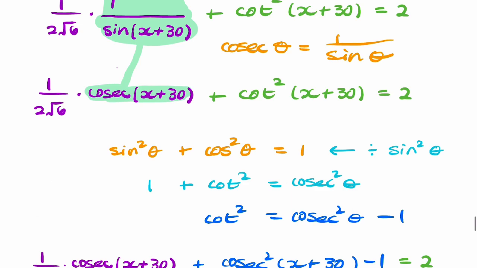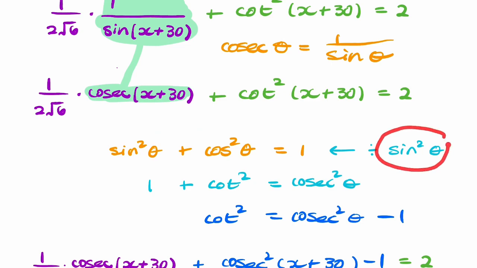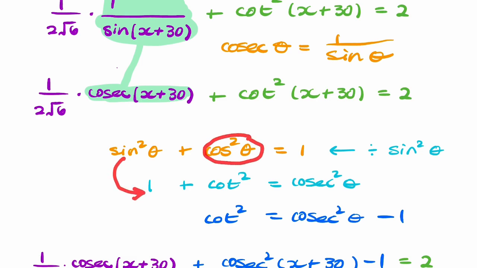And although cosecant is still not cotangent, we're almost there. Because if you start from the identity that says sine squared plus cosine squared equals 1, and you divide everything by sine squared, sine squared over sine squared will give you 1. Cosine squared over sine squared will give you cotangent squared, and 1 over sine squared will give you cosecant squared.